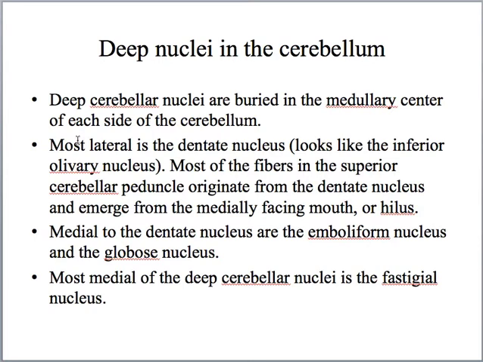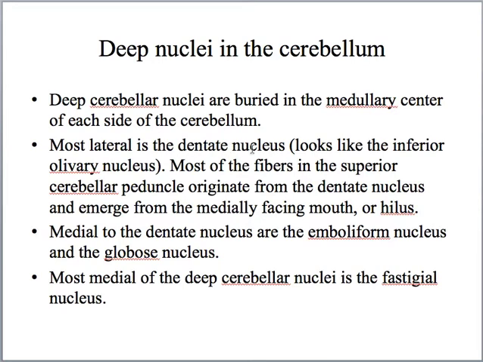There are deep cerebellar nuclei. The only thing I ask you to know about them is their names. The first is the most lateral one, and again, I'm not going to hold you to whether it's lateral, medial, or in between, the dentate nucleus.